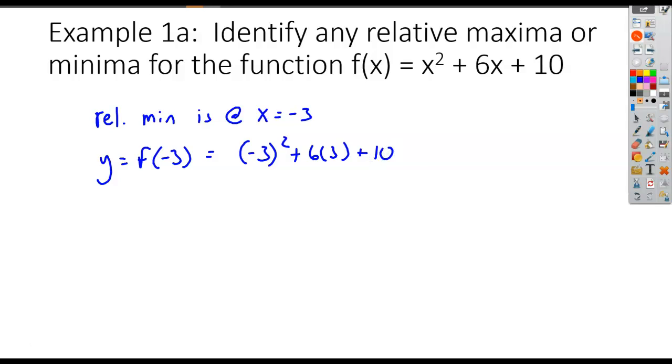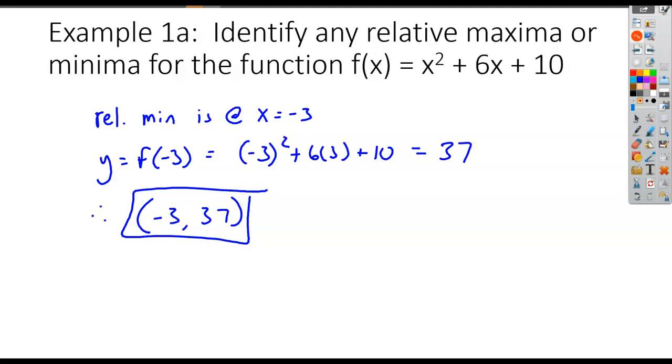In other words, just plug it in. That's going to be 9 plus 18, which is 27, plus 10, which is 37. Or they might want it as a point, which is at x equals -3 with a y value of 37. So the answer can be written like this, or like this, depending on what they're asking.